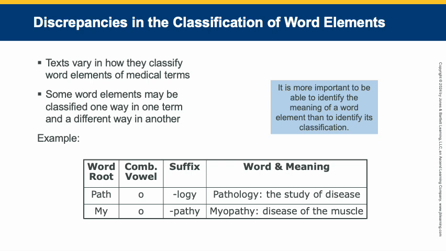Look at this example at the bottom of your slide. Pathology, the study of disease, that's the word and the meaning. Myopathy is the disease of the muscle, because myo would be muscle.